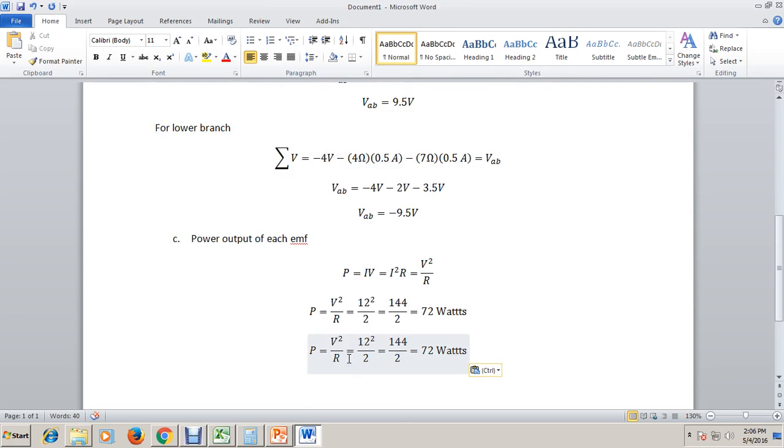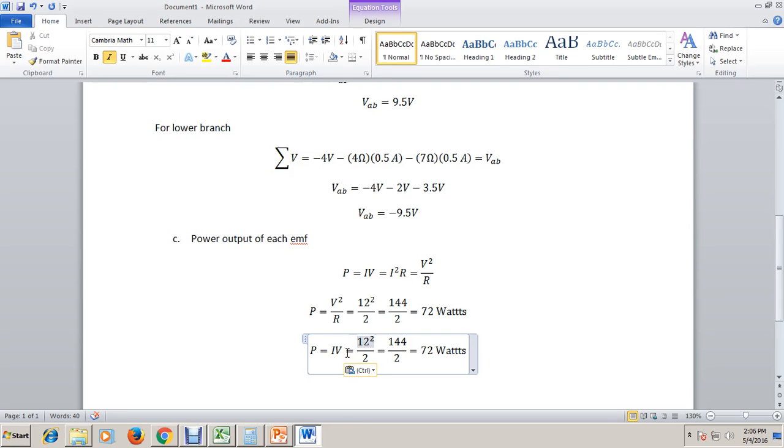Now, if we try to compare this with the other forms of the equation for the power, for example, instead of P equal to V squared over R, we have I times V.